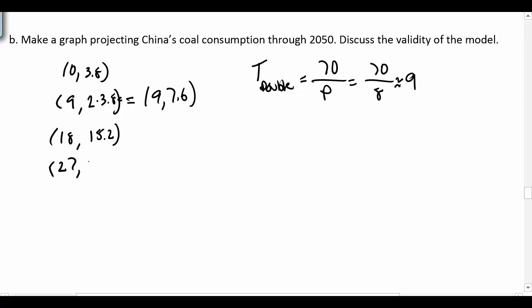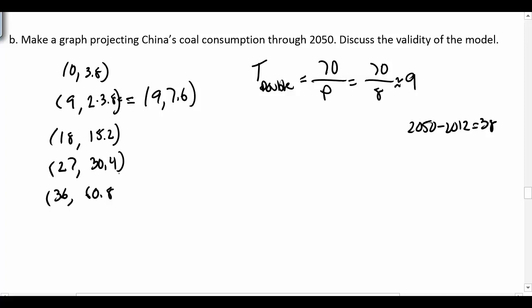So I want to double that 15.2. Let's see, that's actually 30.4. And then, let's see, how far are we going with this? 2050. So 2050 minus 2012 is about 38. So I can keep going. So I'm going to do another 9, puts us at 36. And I want to double that, so that's 60.8.